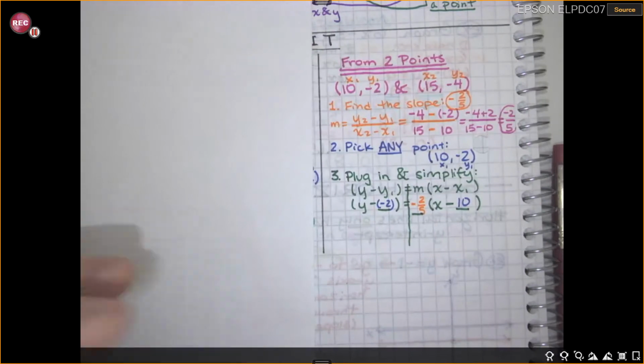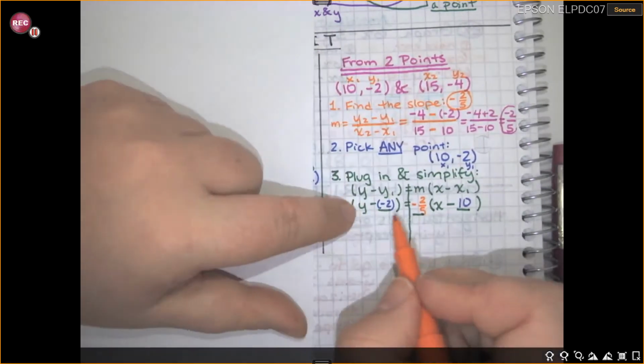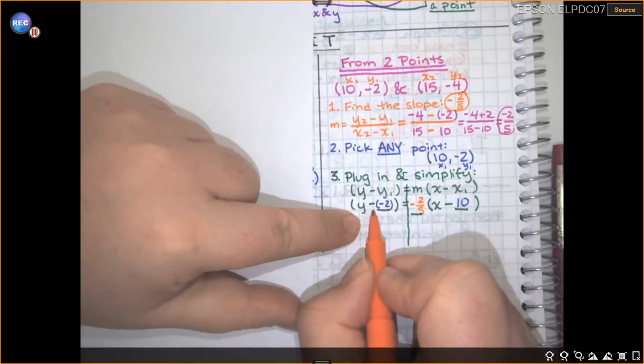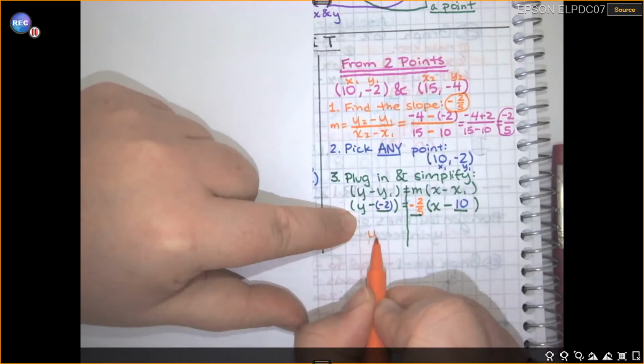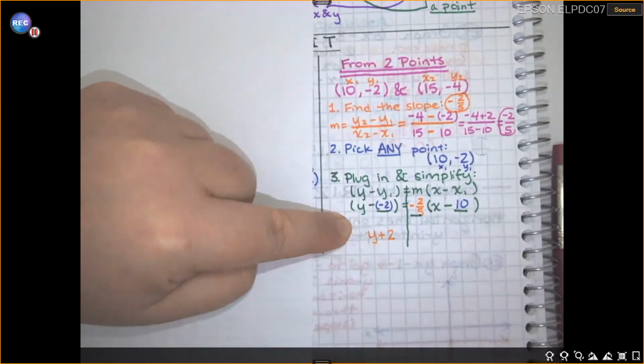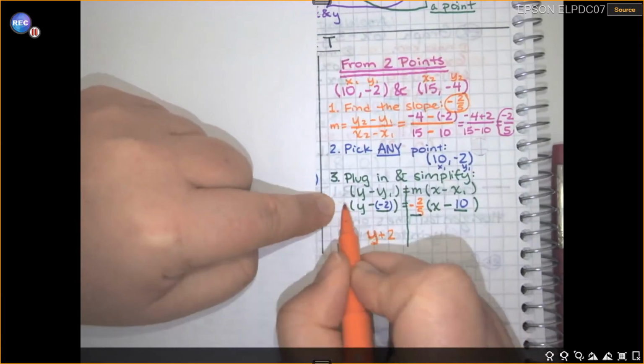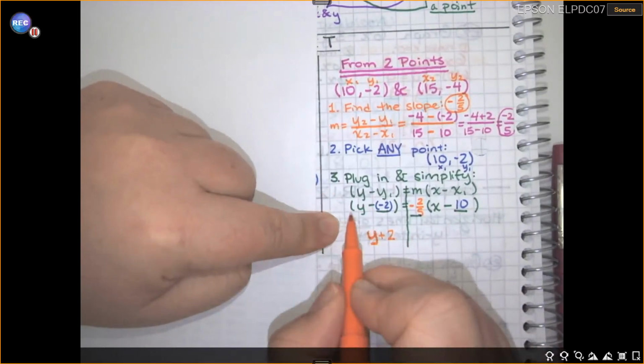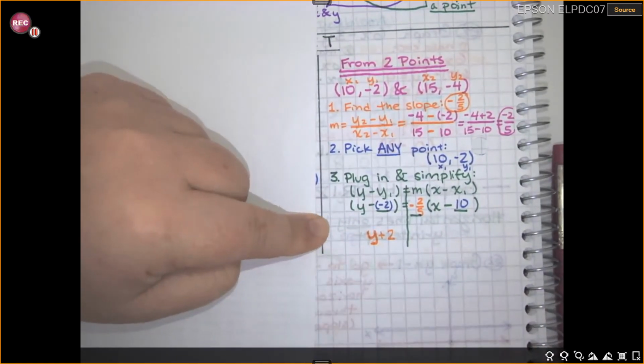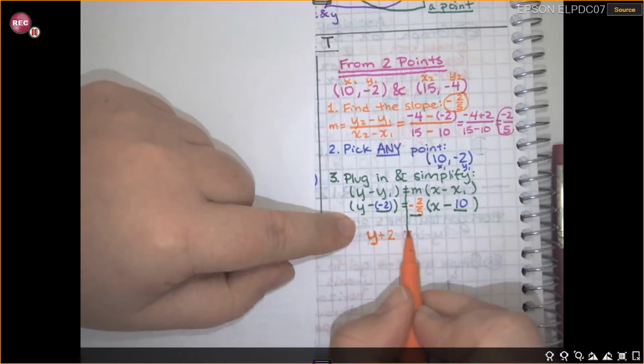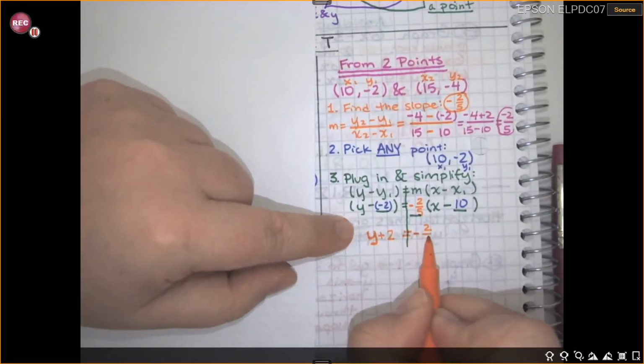So then what I'm going to do is remember, simplify, so this minus a negative becomes y plus 2. You don't need the parentheses on that side because there actually is nothing in front of it. Okay, and I mean truly nothing. A minus sign would even be something. Okay, equals, and then -2/5.